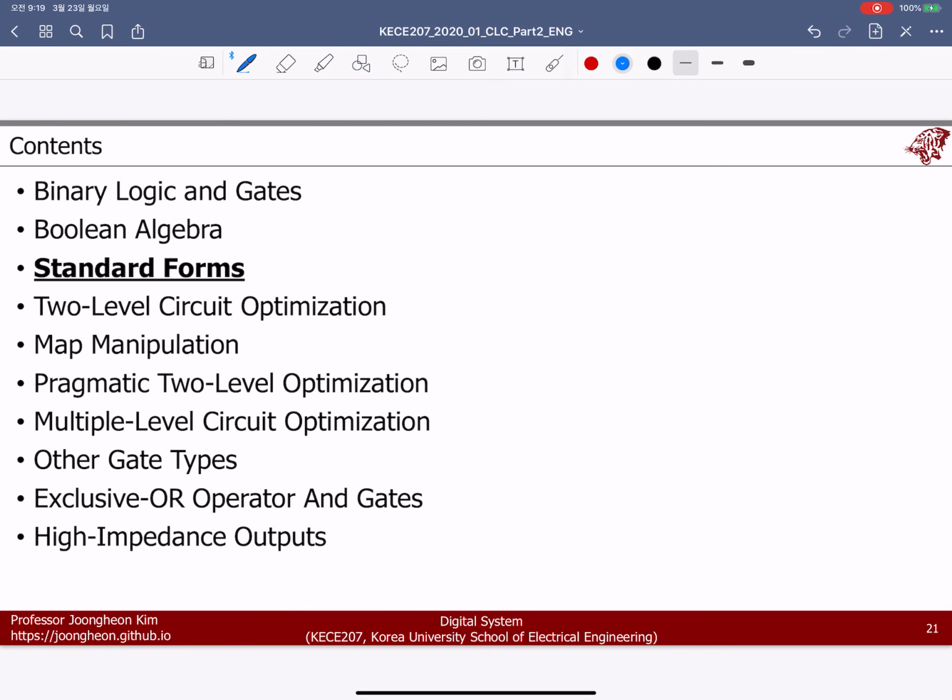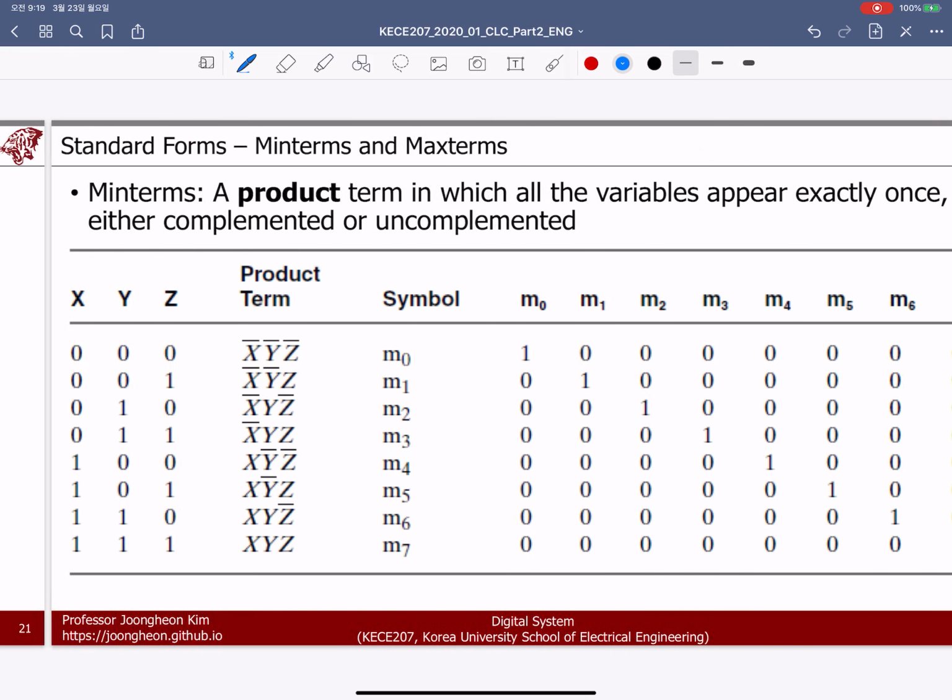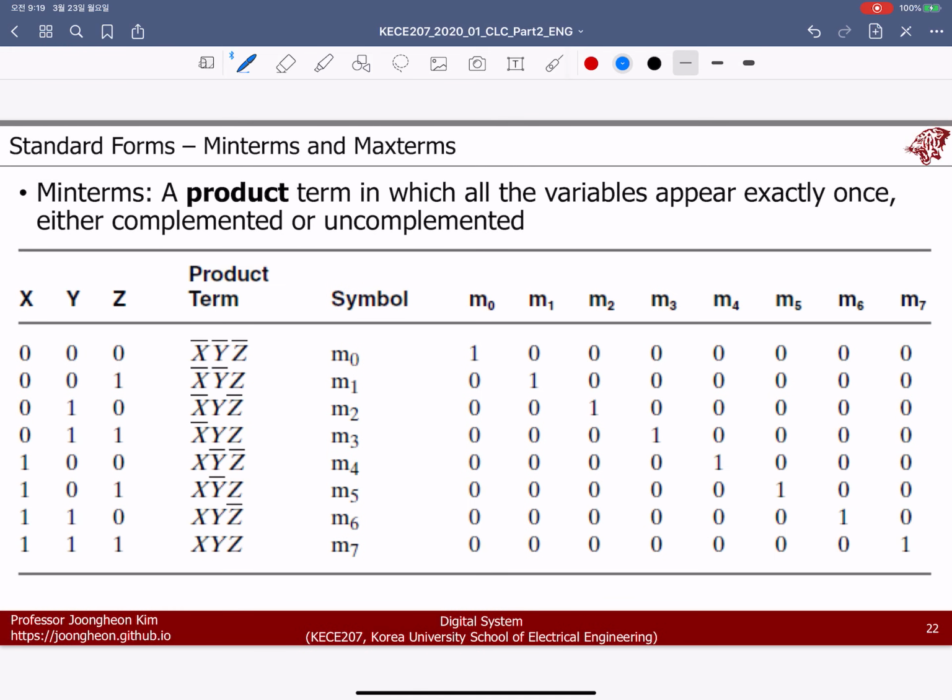Okay, now we have to go to the standard form, which we have to cover until the end of this class. In standard form, we have two definitions. The first one is min term, the next one is max term. Min term is for the product term. Product is related to the AND gate operator, and it is also related to intersection in set theory.